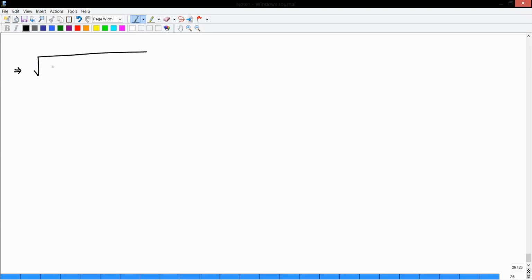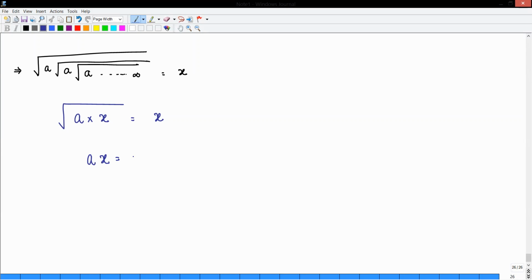Whenever you have root of A, root of A, and so on, going on infinitely many times, if I assume it as x, then A into x is equal to x, so ax is equal to x square. x and x cancel, therefore x is equal to a.